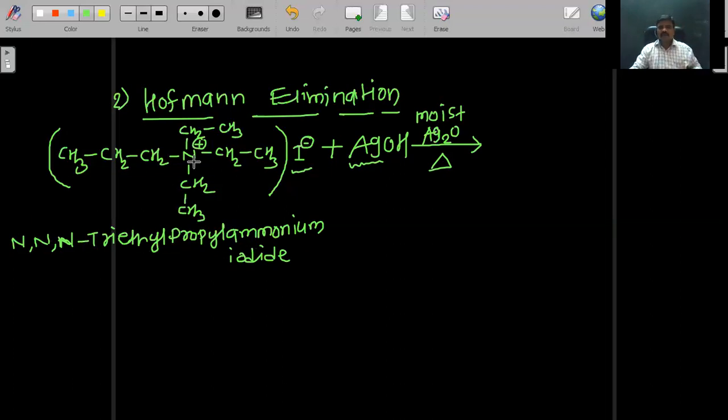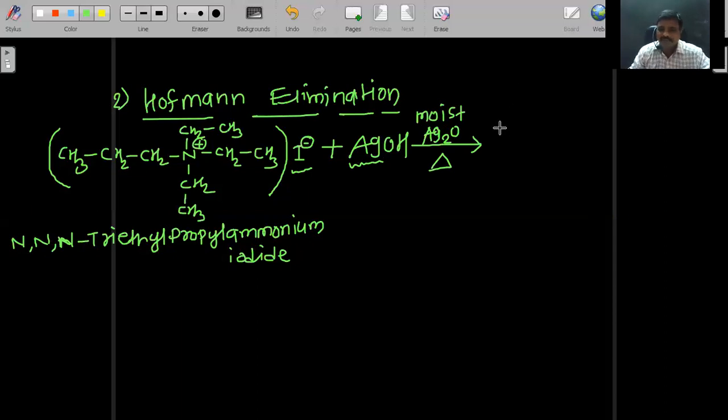So from this bulky giant ion, I minus is replaced by OH, and Ag and I combine to give silver iodide. That one is a byproduct; neglect it.